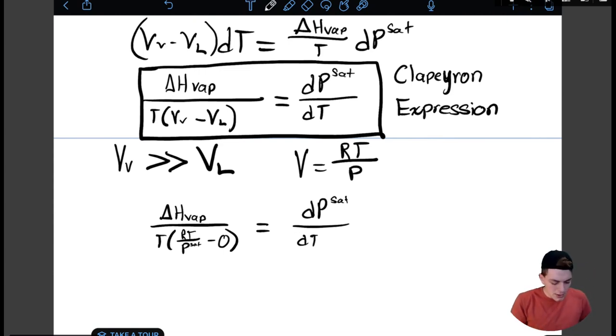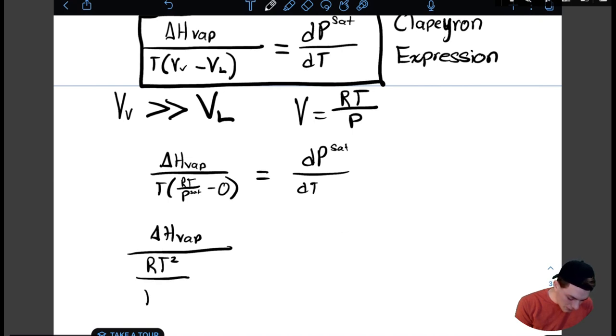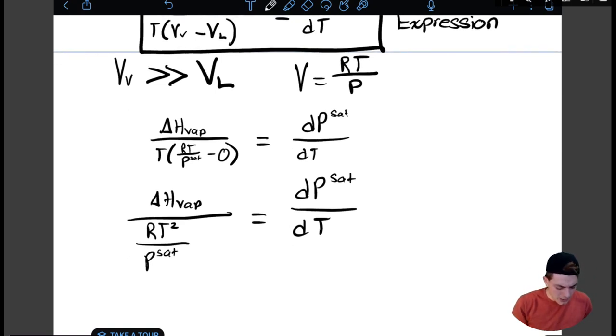Alright. So from here then, we are going to simplify this expression a little bit. First I'm going to multiply temperature into the denominator here. Now I'm going to multiply both sides by dT and divide both sides by P sat.